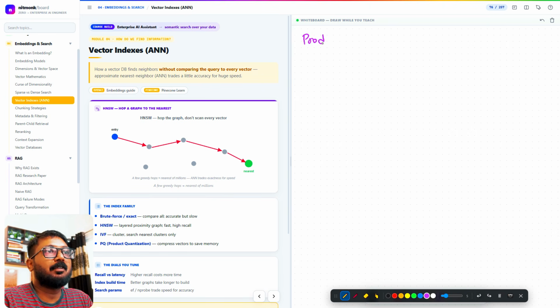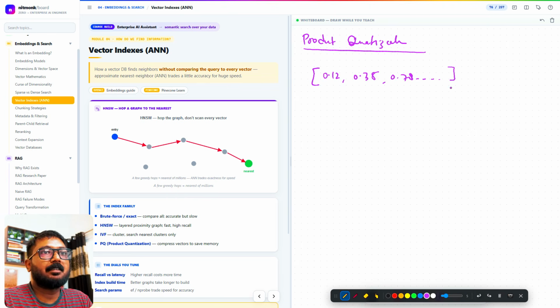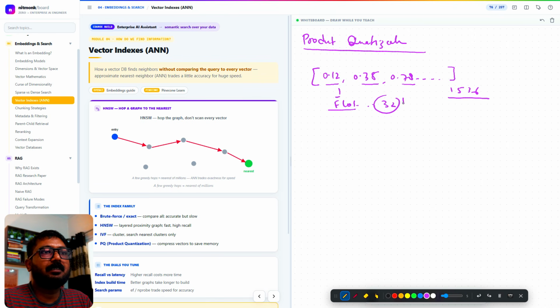So if someone asks you what is product quantization, this is an array, and this array contains 0.12, let's say 0.35, 0.78, and so on, like 1536 numbers. These numbers are represented as floats, and I think they need 32 bits to represent. What if we can generate int 8 bit?